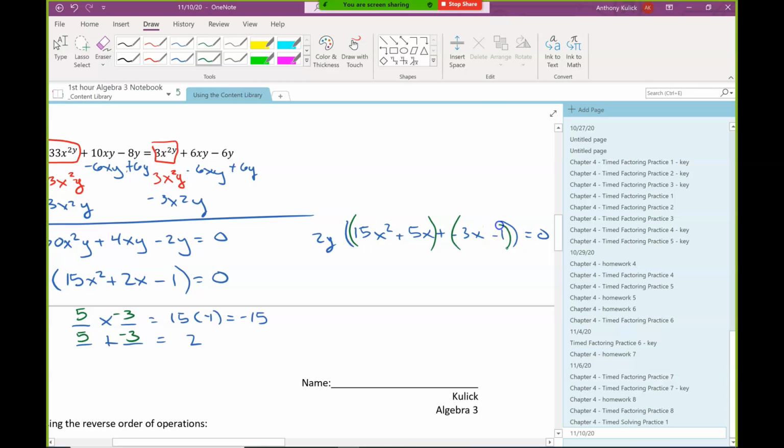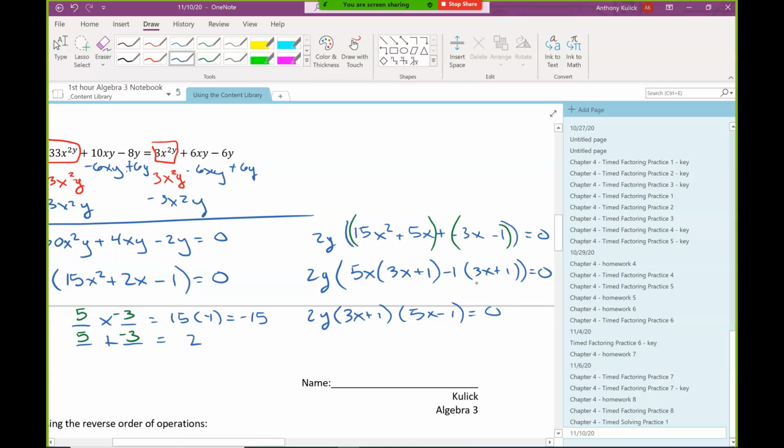And that's going to allow me to make two groups. From the first group, I can take out a 5x. And from the second group, I can take out a negative 1. And if I look now, each of those contain a factor of 3x plus 1. So if I factor that out, I'm left with 5x minus 1.